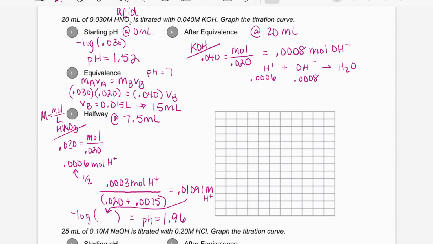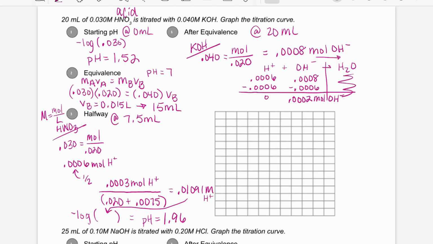So I know I'm going to shift forward. Since they're 1-to-1, the smallest amount is going to be consumed, so my hydrogen is going to be consumed. My water is just a liquid, so that's not relevant. So I'm going to have 0 moles of my H+, and I'm going to have 0.0002 moles of hydroxide.